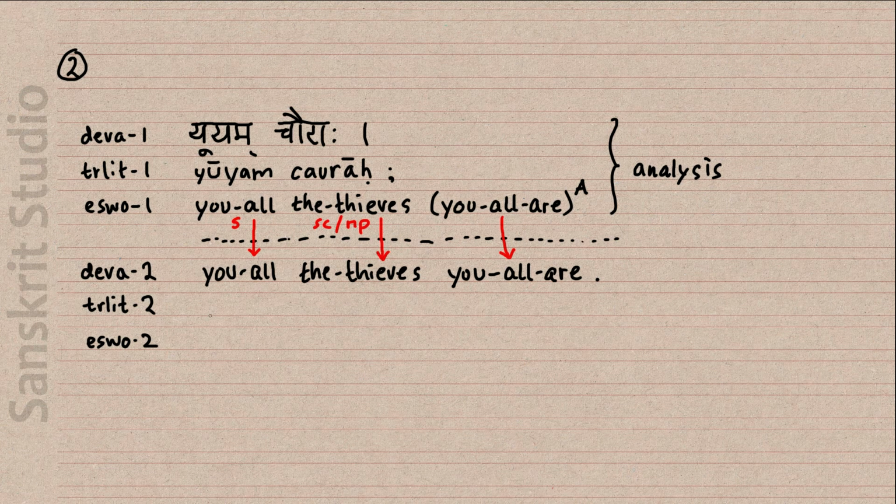And we just transliterate this again. Uyam Chauraha. And then we have to supply the word for you all are. Second person plural. So that's just sta.